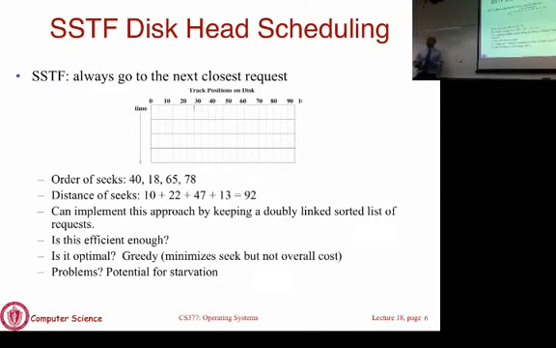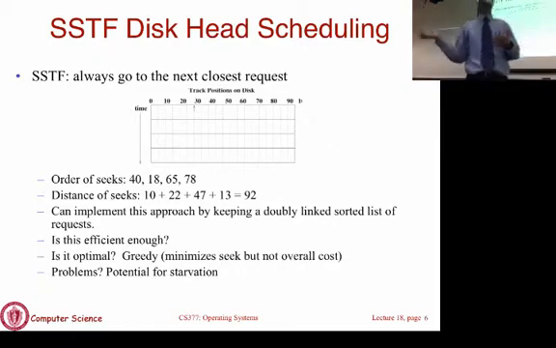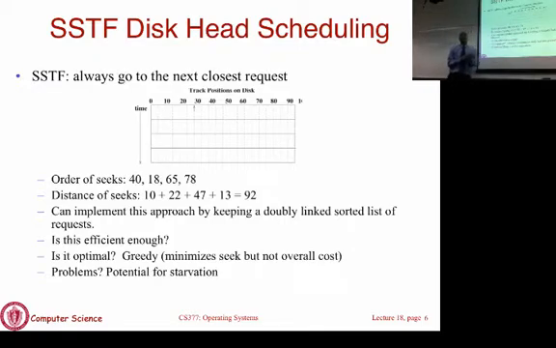Just as in shortest job first, if you always have a shorter job, the long job starves. In shortest seek time first, if you have a nearer request, the requests that are further away have the potential to starve. So starvation is a problem you have to deal with in shortest seek time first.